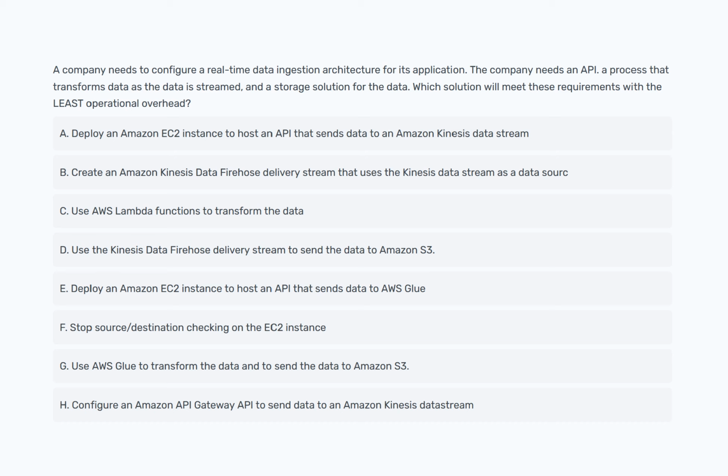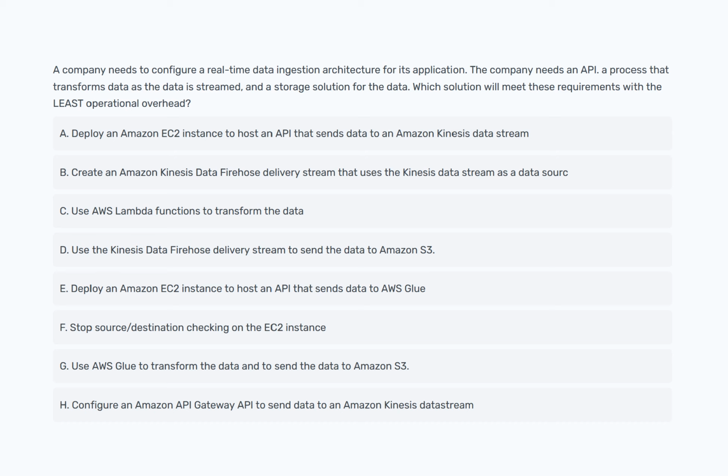Let's have a look. Let's go further, right? That might be one of the options, I believe, the data stream, and then C. What does C say, right? Use an AWS Lambda function to transform the data. That might be another option because it's serverless, right?